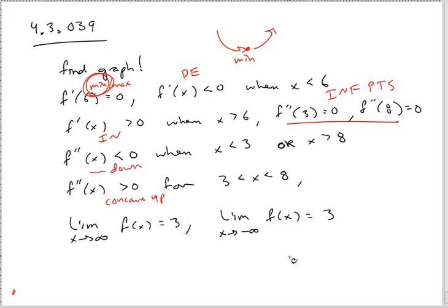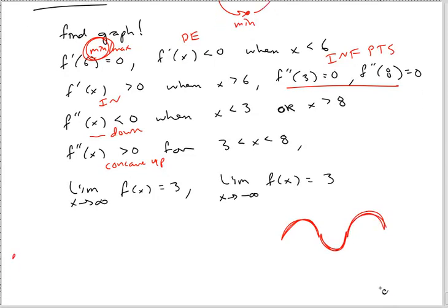So it's concave down, and then concave up, and then concave down. And these are at 3 and 8. My minimum is at 6. That makes sense. And it says that the limit as it goes to infinity or negative infinity is 3.